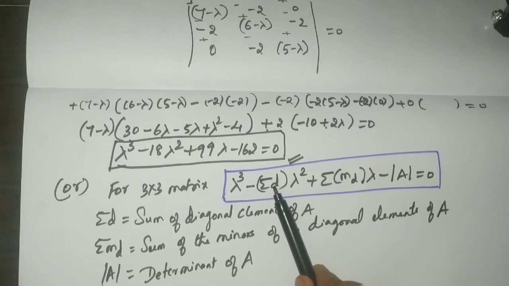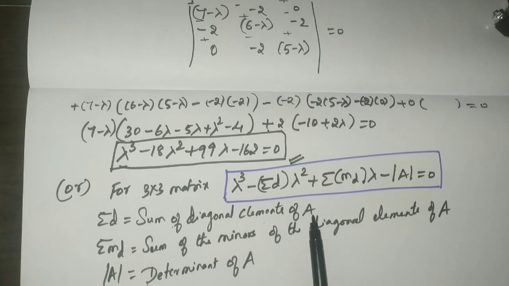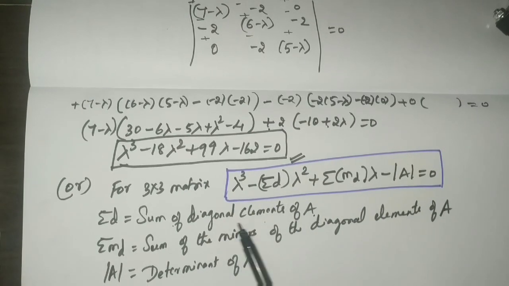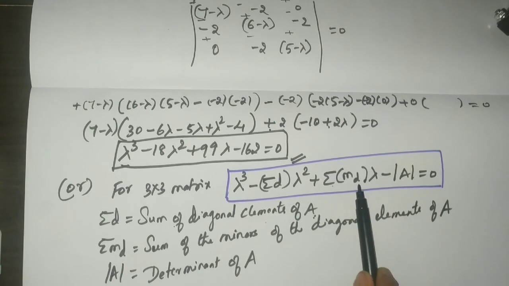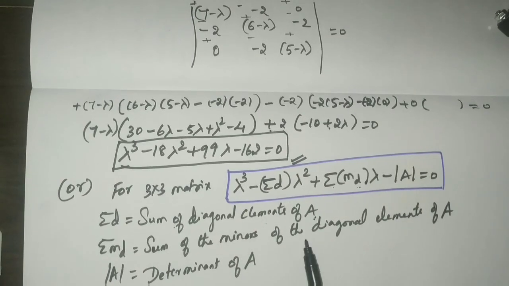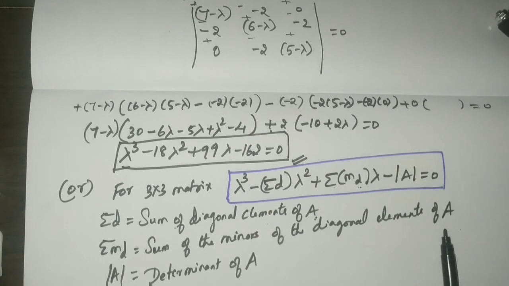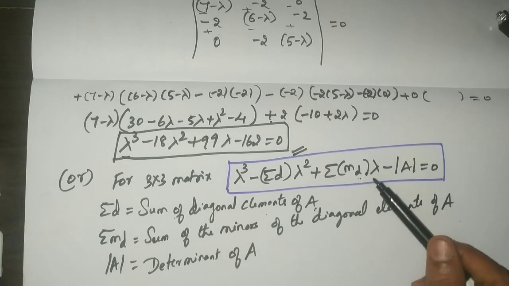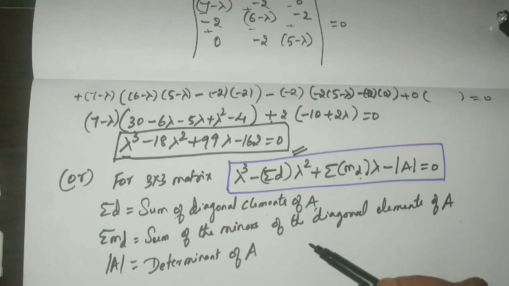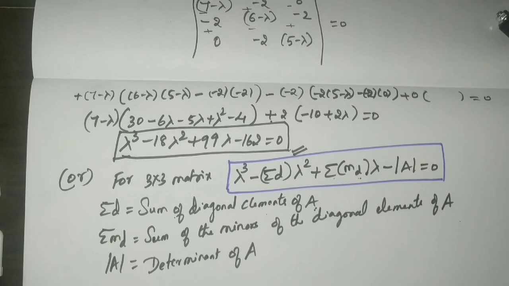Lambda square will have summation d, that is nothing but the sum of diagonal elements of a given matrix A. Summation md represents the sum of minors of the diagonal elements of A. You take all the diagonals, for each diagonal you need to find the minor value, and mod A represents the determinant of A. So if you know this equation and this expansion, you can easily find the cubic equation for a 3 cross 3 matrix.